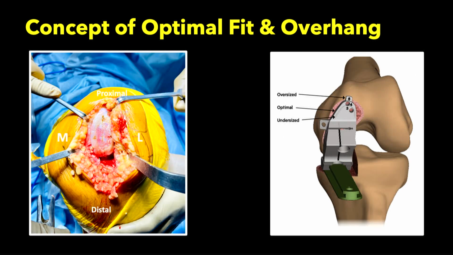So, the concept of optimal fit and overhang. As we can see in the photo on the left-hand side, the articular cartilage that is eroded is the part that needs to be replaced by the UKR implant. M stands for medial, L for lateral, proximal is the femoral part, distal is the tibial part. If the implant has a medial overhang, this will lead to medial knee pain and irritation of medial structures.